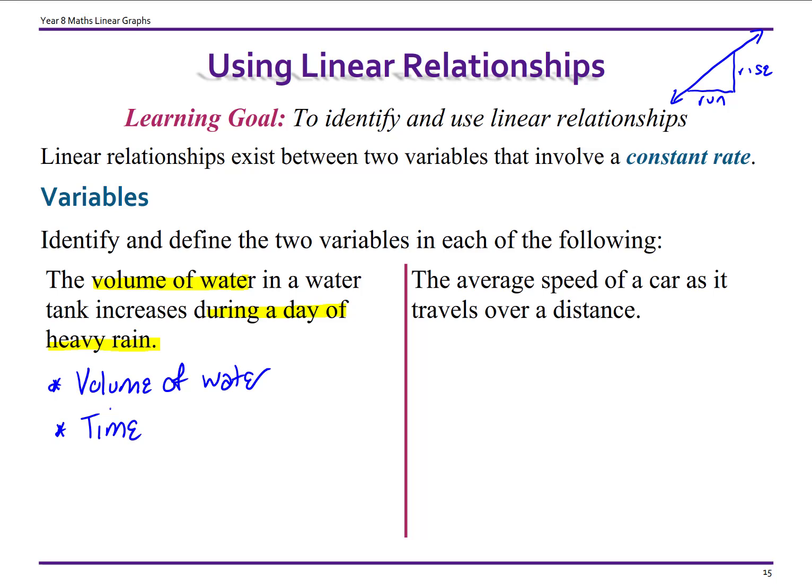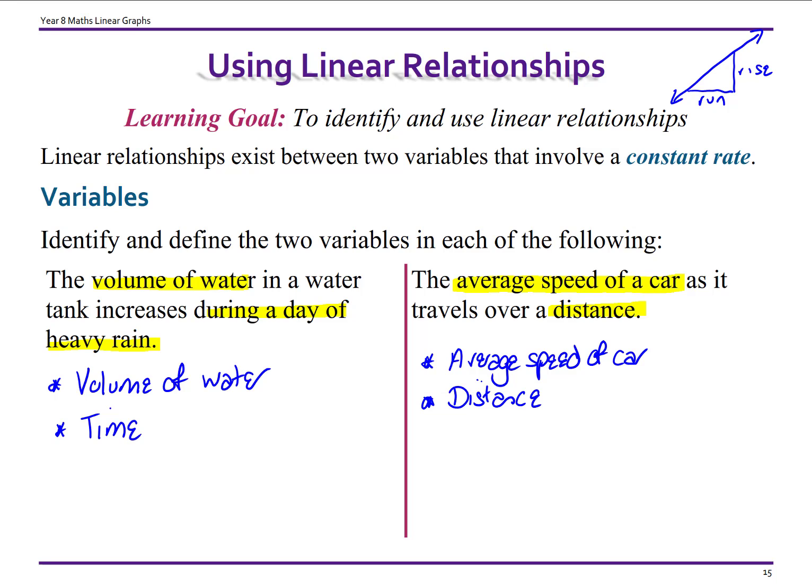Next, the average speed of a car as it travels over a distance. So we've got the average speed of the car and it's over a distance. Now, average speed of the car is actually a rate. So we could actually look at this in two ways. We could have average speed of the car versus distance.